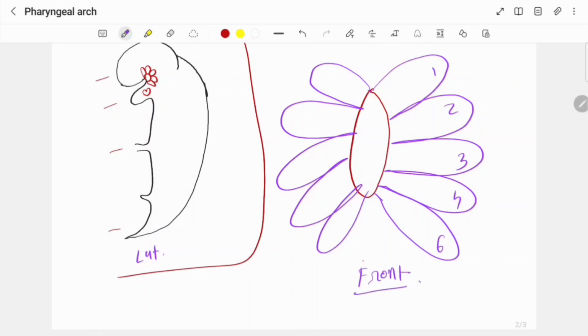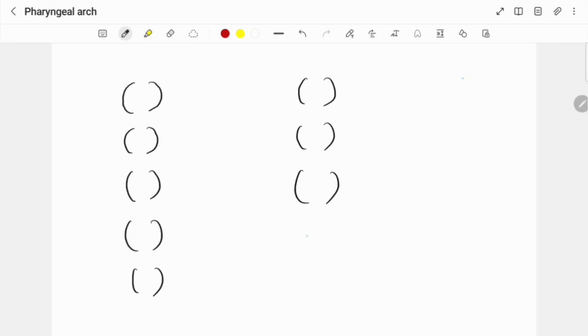Now if I cut the end parts of these pharyngeal arches, it will become blunt. So it appears like this: your first, second, third, fourth and sixth. Same for the opposite side, and in between we have our stomodium.